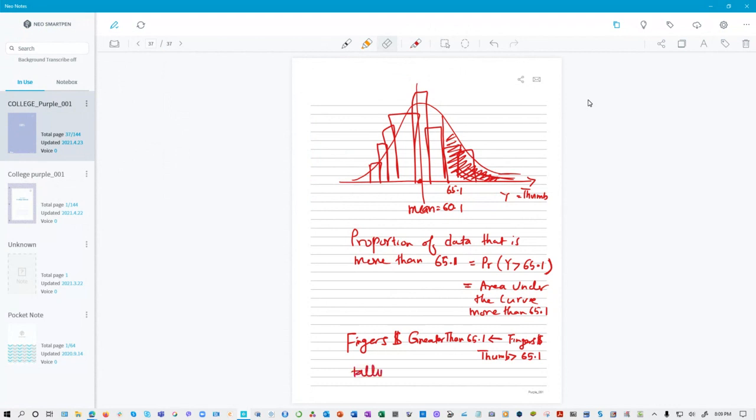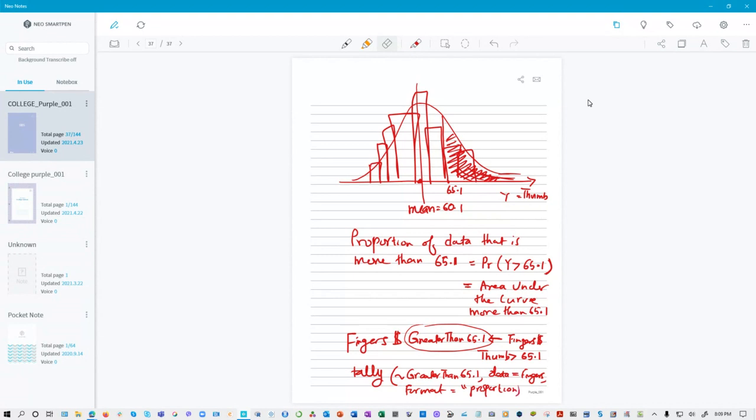Then you make the tally. Tally for this variable, greater than 65.1, coming from the data set fingers, and for the format you use proportion.